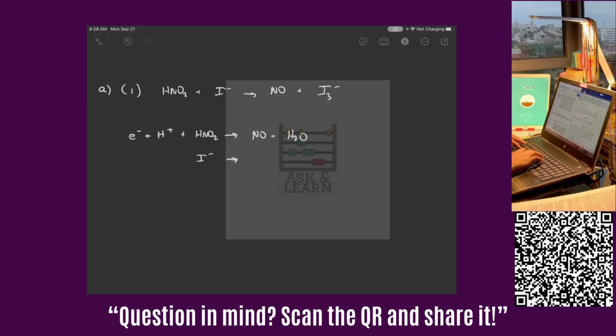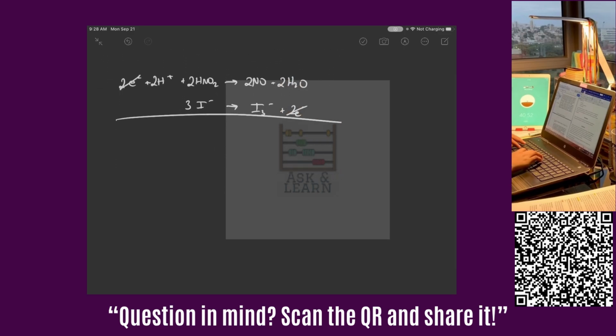And second half reaction, I minus to I3 minus, 3 there to balance the iodine, and 2 electrons to balance the charge. We're going to double the first half reaction to be able to cancel out the electrons.